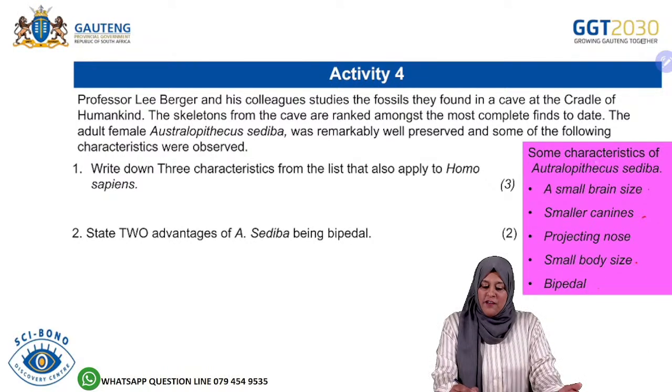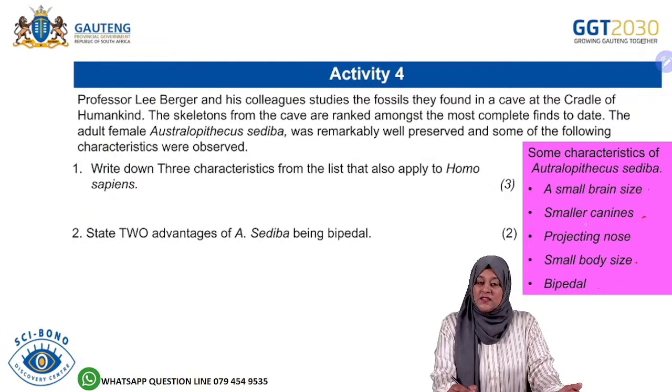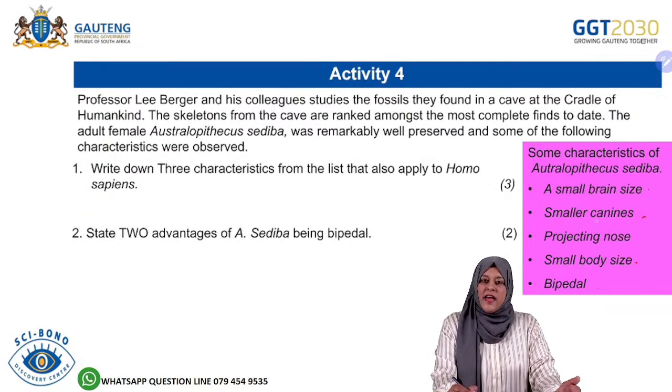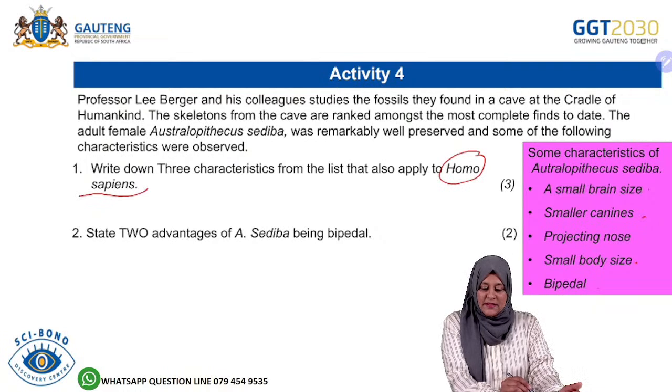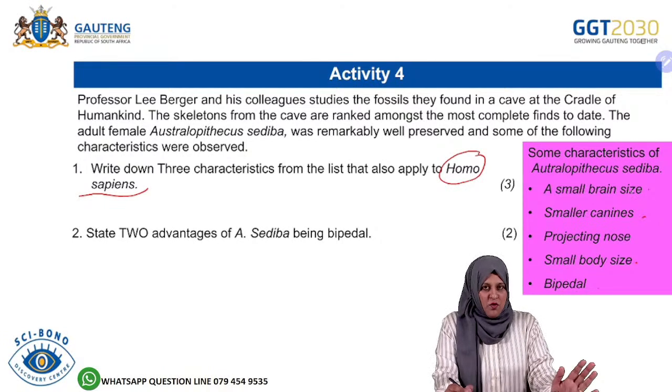So now, if we look at this, remember we said that Australopithecus sediba is a transitional fossil having characteristics of the ancestor and the descendant, right? So let's see the characteristics that apply to Homo sapiens. Small brain, no, because Homo sapiens have larger brains.